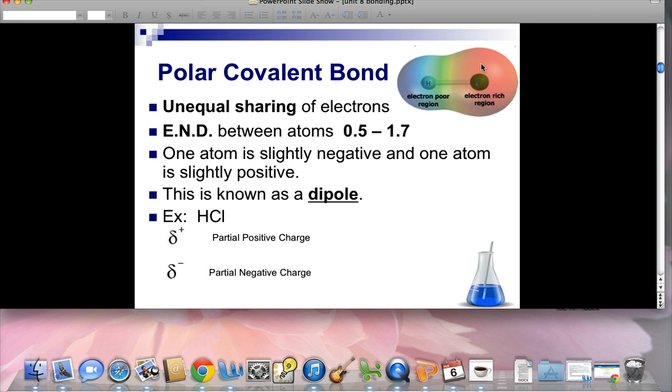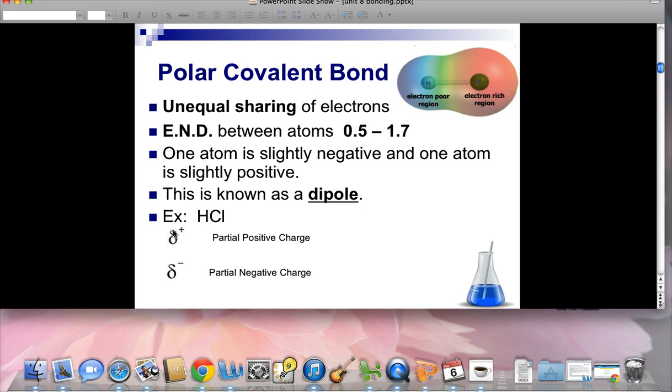So here we have fluorine and hydrogen, and you can tell by the shape that one has a lot more electrons around it. The fluorine end is going to be slightly negative and the hydrogen end will be slightly positive. And when one atom has a slightly more negative end than the other, this is known as a dipole.